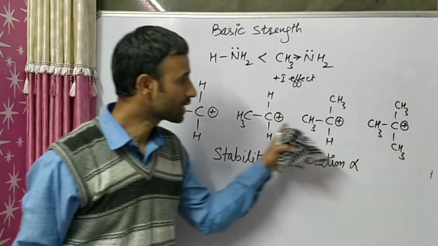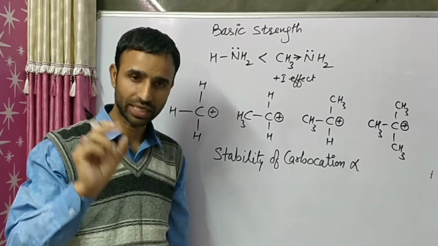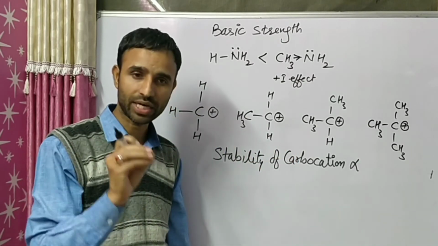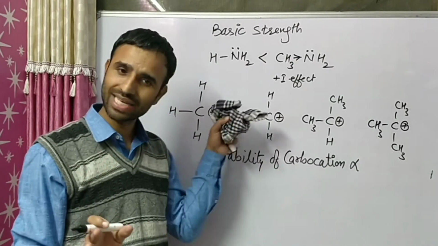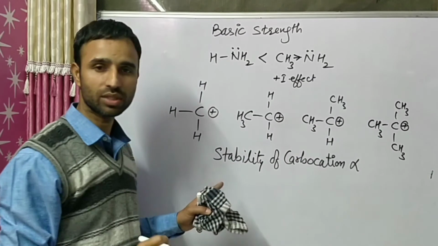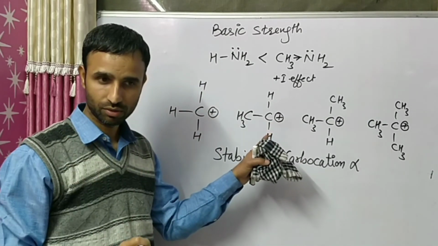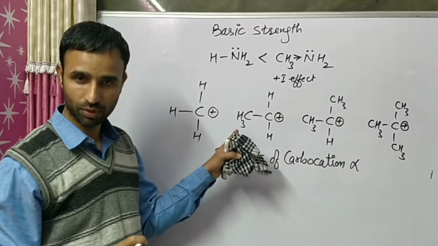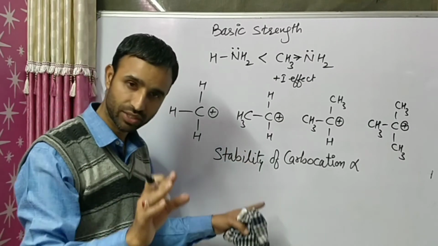These cations are actually unstable. These are reaction intermediates. They are not products in any reaction. They are formed in between. That means they are less stable. But if we compare the stability of these carbocations, they are unstable because of positive charge. So if any group decreases positive charge, that stabilizes it.